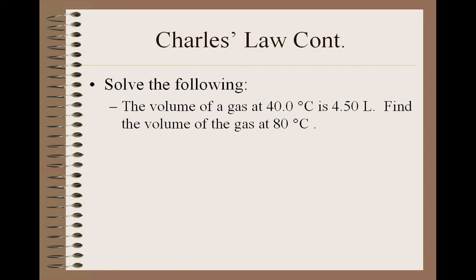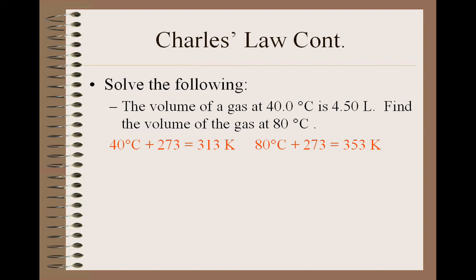Volume of a gas at 40 degrees Celsius is 4.5 liters. Find the volume of the gas at 80 degrees Celsius. So we have volume 1 over temperature 1, 4.5 over 40, and that's going to be equal to X over 80.